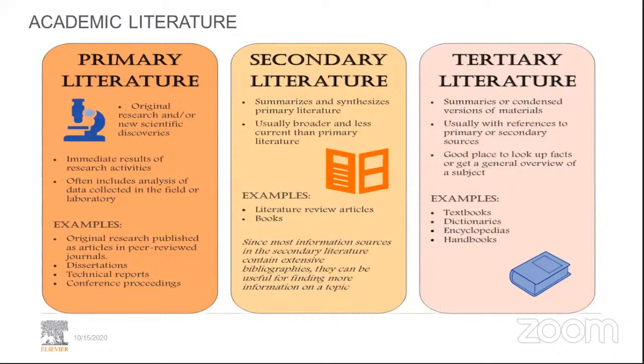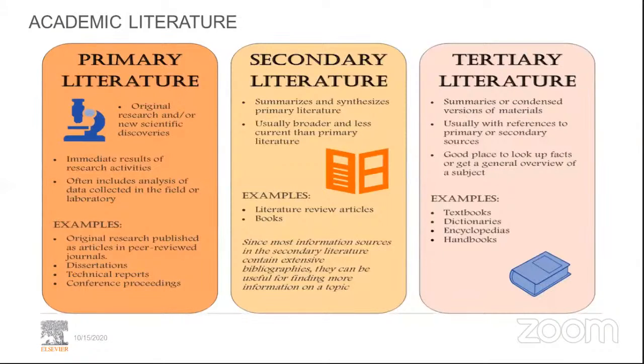Okay. The secondary literature are the papers that try to summarize this primary literature to address a topic from one perspective or one point of view. So, for example, I try to write a paper that summarizes what was published about COVID-19 and how it affected, for example, the mental health of people.